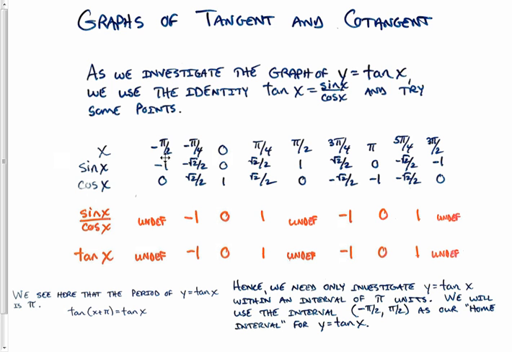And so what we're going to do is start at negative pi over 2 as the beginning of our cycle, our home interval, and stop at positive pi over 2. That's between two undefined values for x. Keep that in mind. The tangent function is not defined at this x value nor at this x value. But in between it is defined. We'll actually have vertical asymptotes at these two x values.